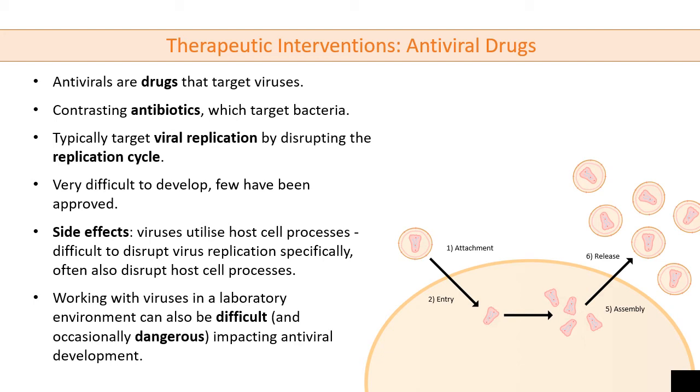Now, it's actually really difficult to develop antivirals, and if you did my module last year, you hopefully remember we talked about this. When we're developing antivirals, it's really, really difficult because viruses use host cell processes. So viruses enter into a cell, they manipulate that cell, and they utilize the host cell machinery, they co-opt that machinery.